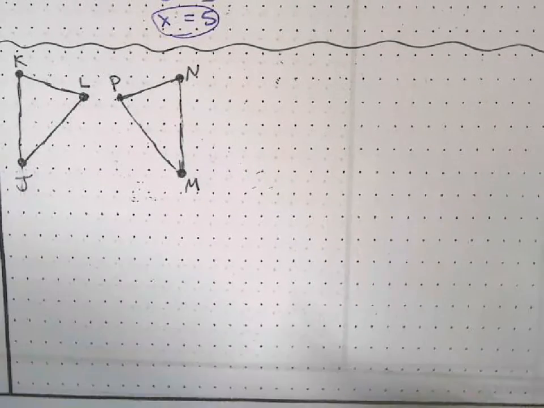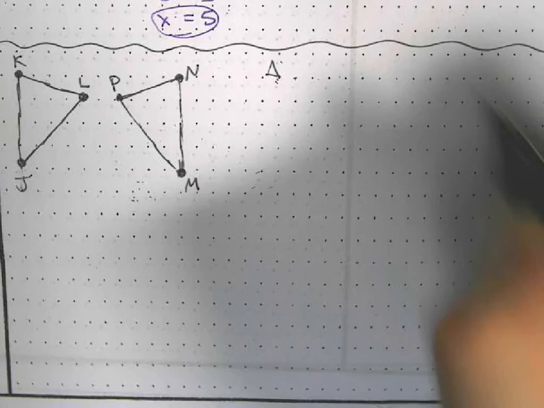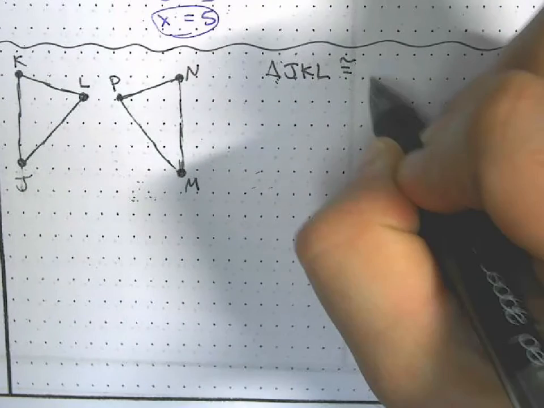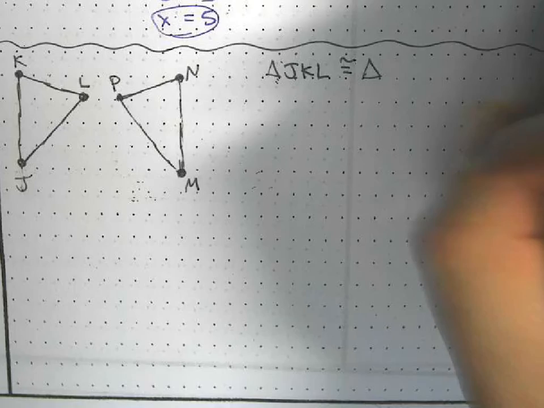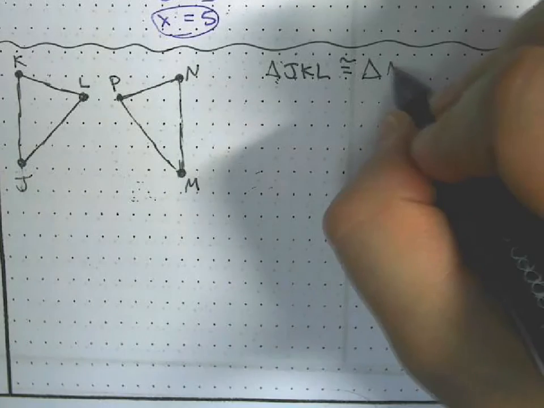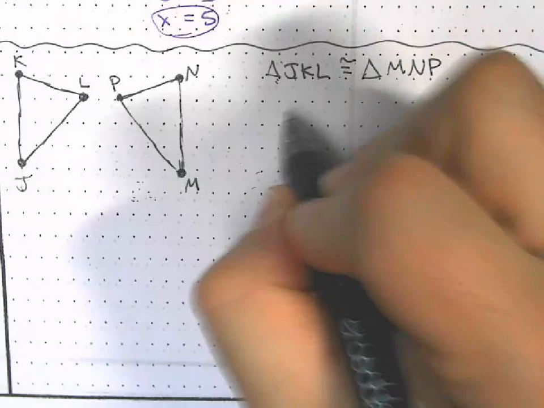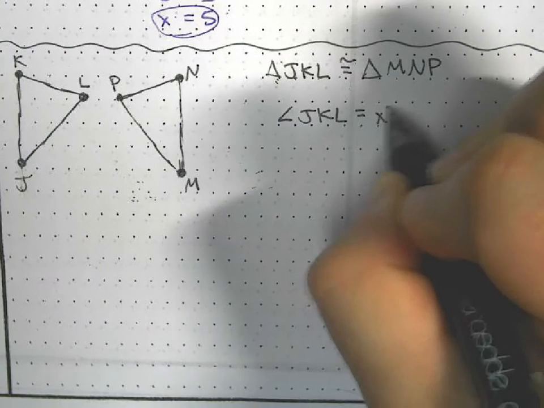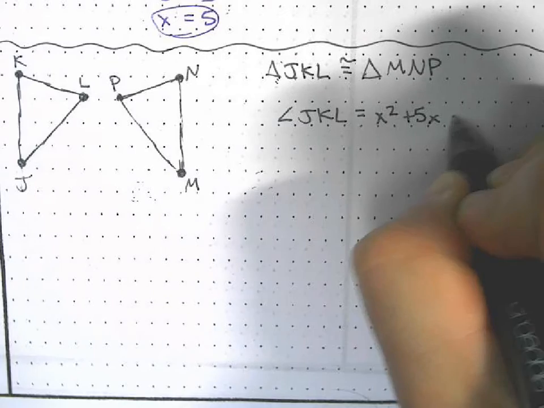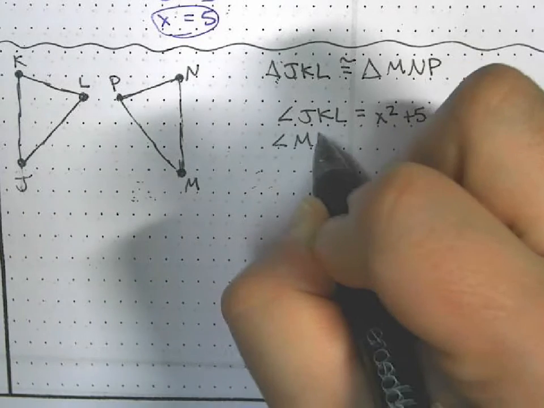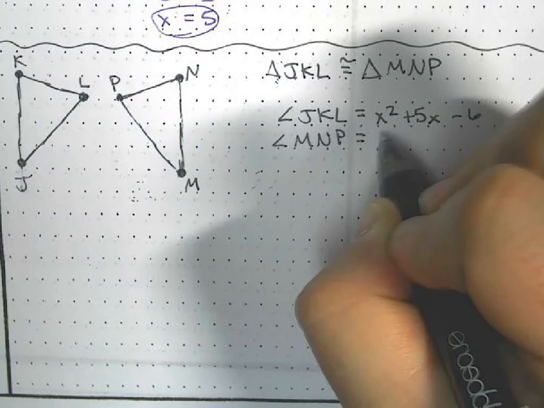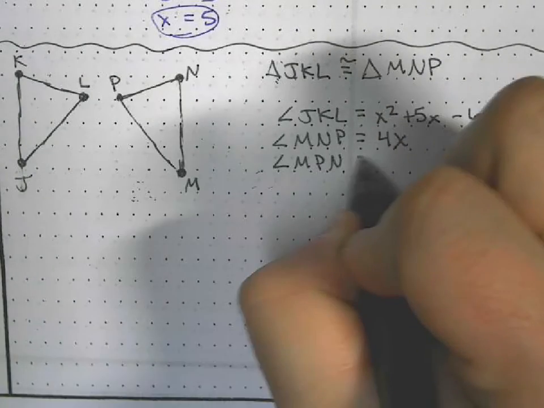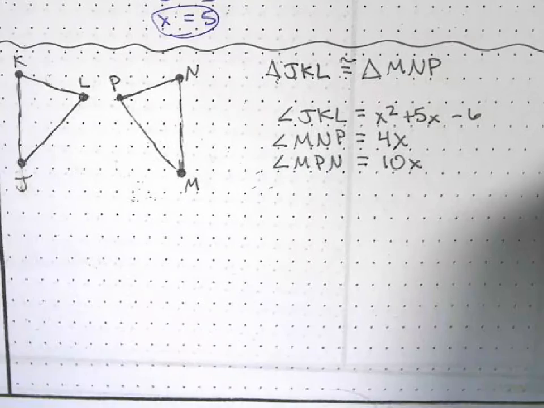And then we're given triangle JKL is congruent to triangle MNP. Angle JKL equals x squared plus 5x minus 6. Angle MNP equals 4x. And angle MPN equals 10x. Like so.